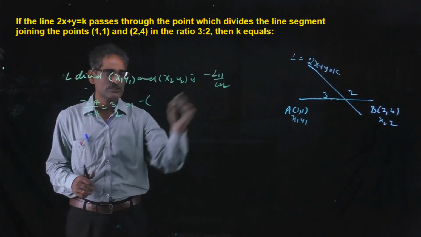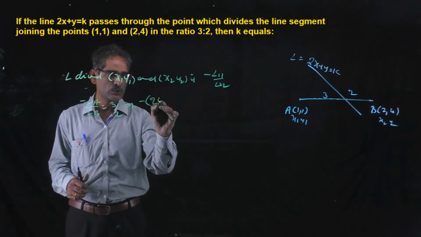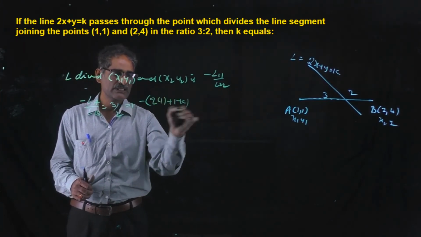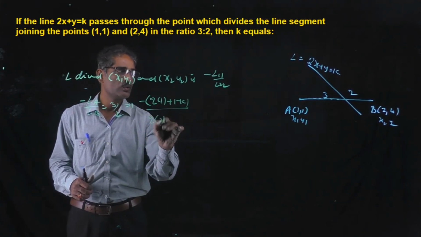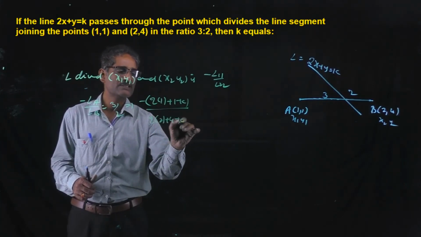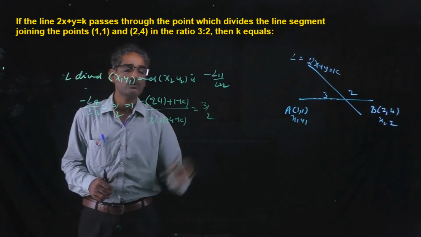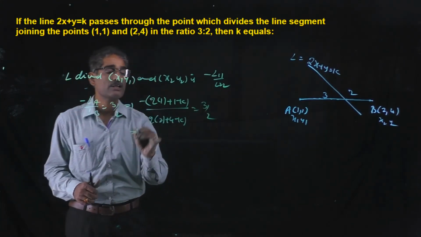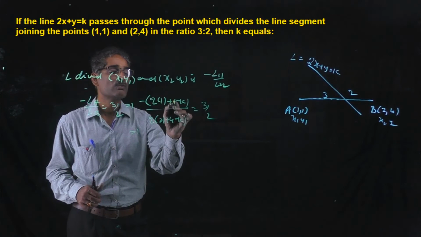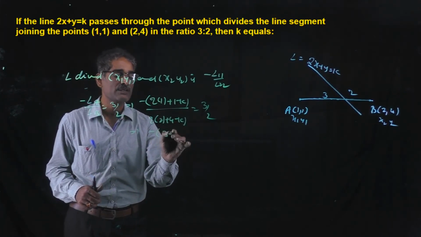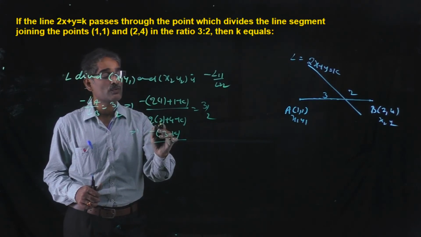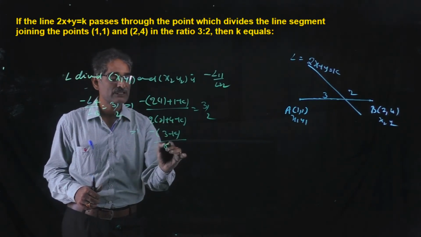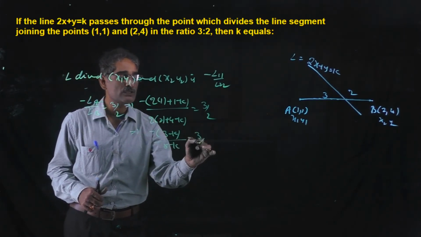So substitute in this equation, then we will get minus of (2 into 1 plus 1 minus k) by (2 into 2 plus 4 minus k) is equal to 3/2. So 2 plus 1, 3 minus k, and here 2 into 2, 4, 4 plus 4, 8 minus k, equal to 3/2.